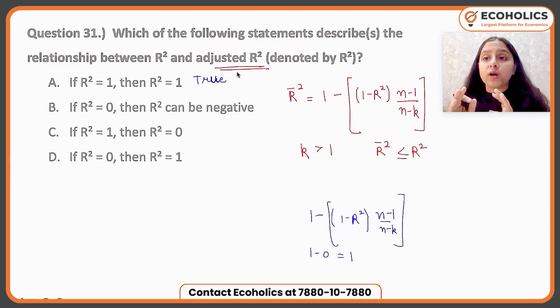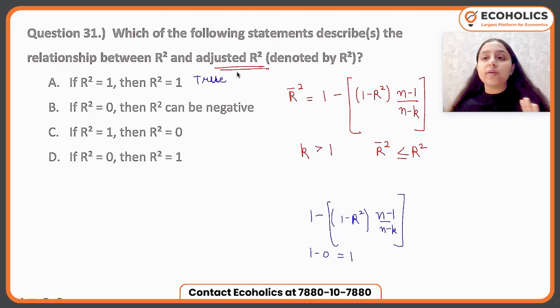R square equal to 1 means that the explanatory variables you have taken are completely fitting your data. The predicted value, or basically the model fitting, is adequate. It is accurate. So in that case, there is no reason that adjusted R square is going to impose a penalty if your explanatory variables are not irrelevant.